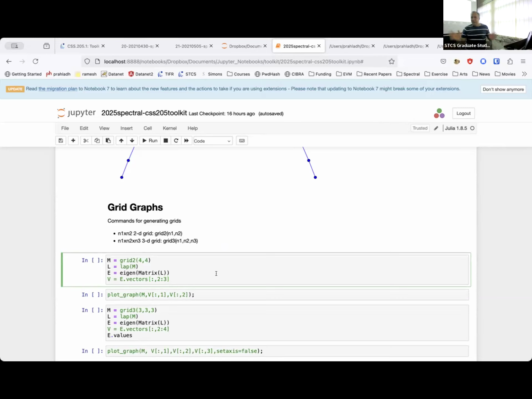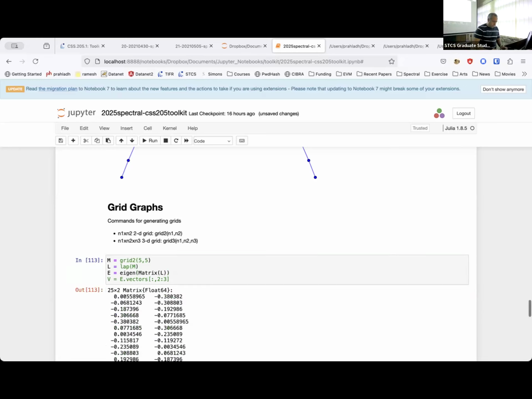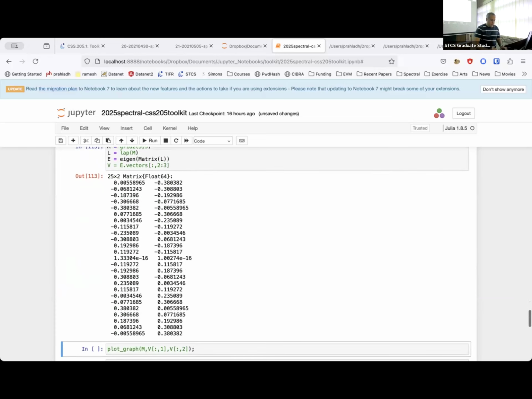Why does it come out that way? We'll try to understand that. Let's take a 5x5 grid. This is some code which outputs the adjacency matrix of a 5x5 grid. It has 25 points, so it's a 25 by 25 matrix.